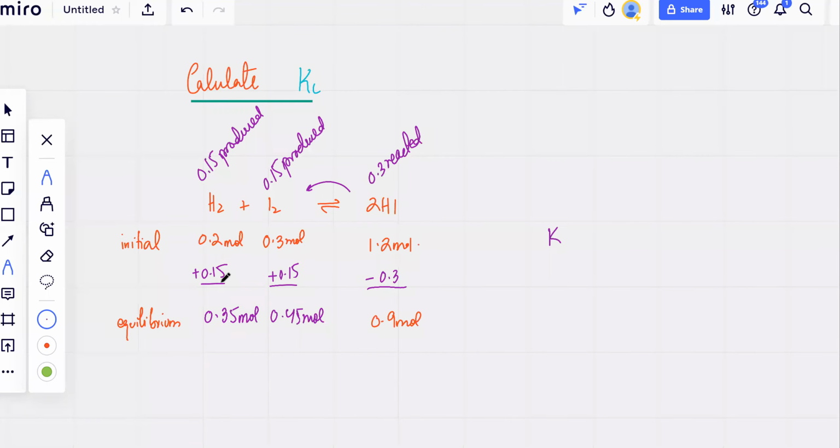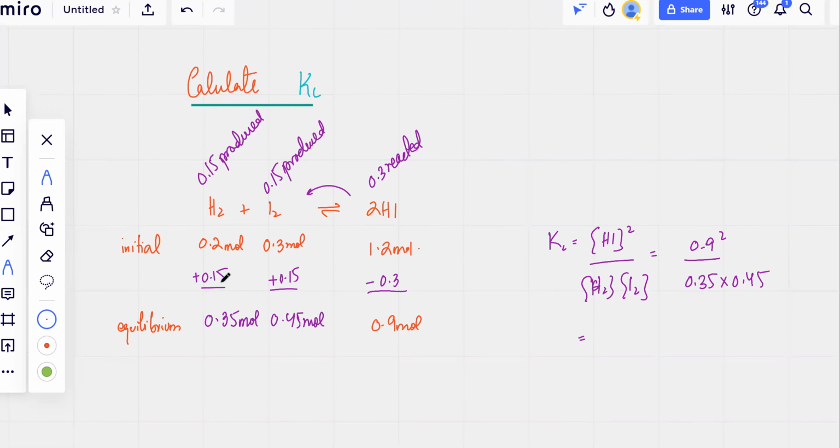It's going to be the concentration of HI, that's going to be squared, divided by the concentration of H2 and I2. Now, whenever Kc has no units, you can use moles instead of concentration. So it's going to be 0.9 squared, and that's going to be divided by 0.35 multiplied by 0.45 to find the value of this.